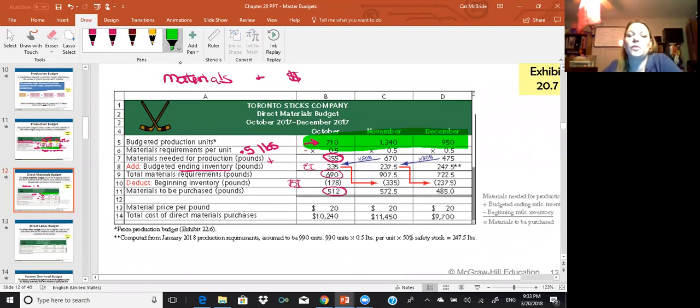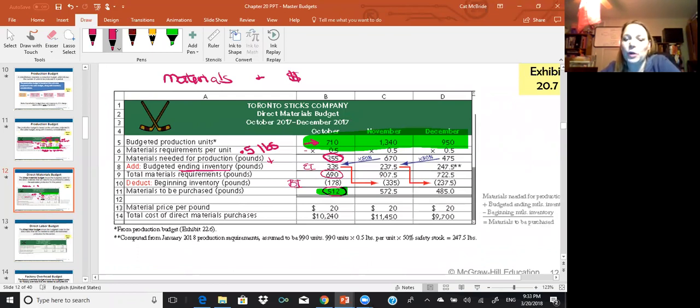So this goes the same way the production budget goes, where we're still saying, okay, what's required times the amount plus ending inventory minus beginning inventory gives us our total. So like here, we're going to make 1,340 units.